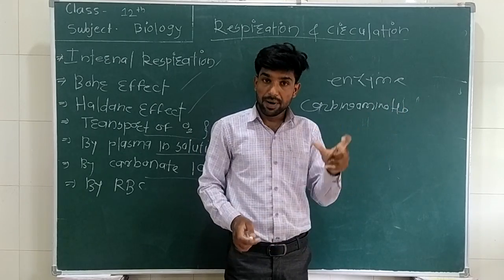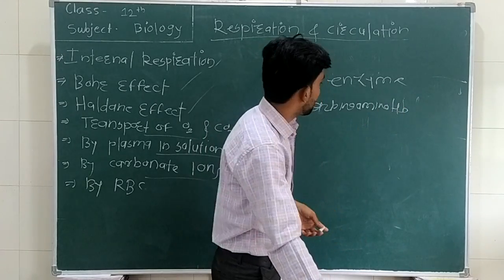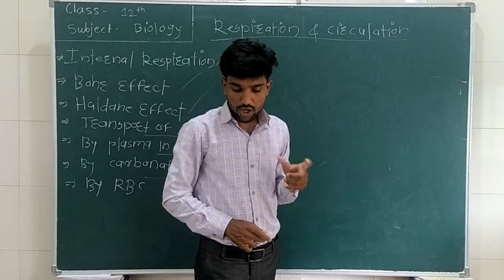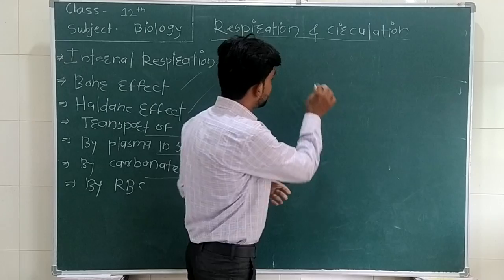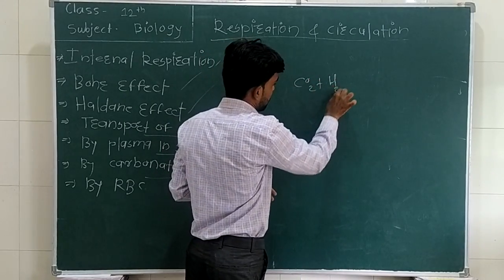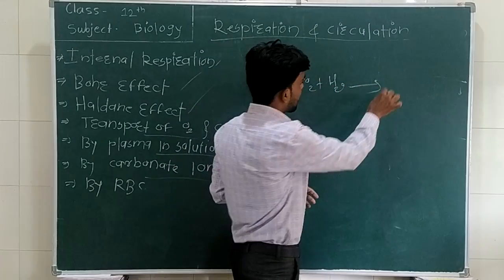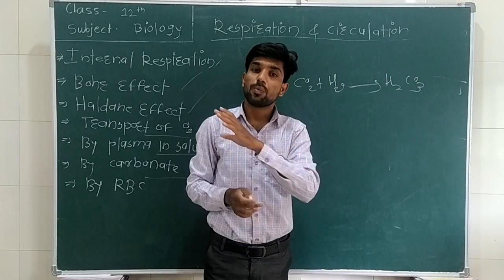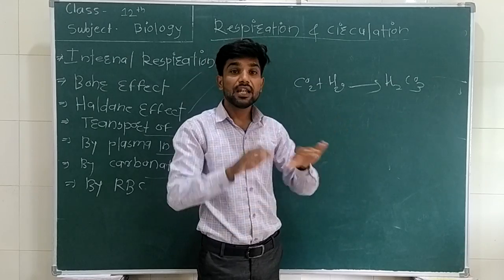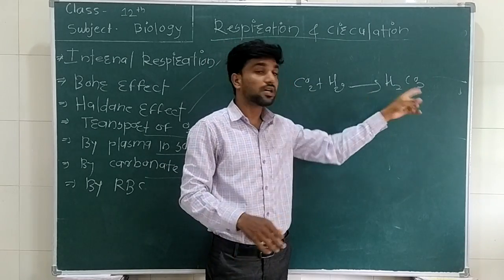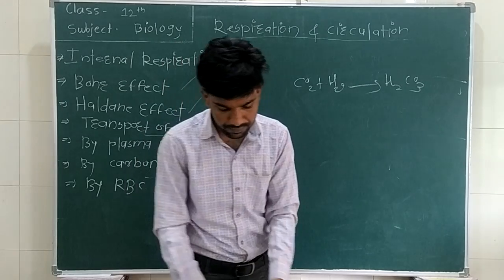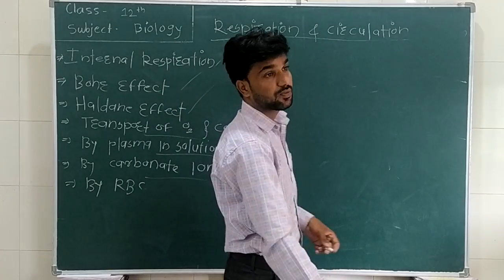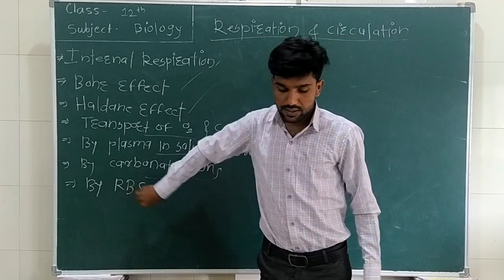The RBC does not hold the CO2, so it again dissociates into carbon dioxide, H2O, and carbonic acid. The RBC does not hold CO2, that's why it again dissociates and forms carbonic acid. Last is transfer of carbon dioxide by RBC.